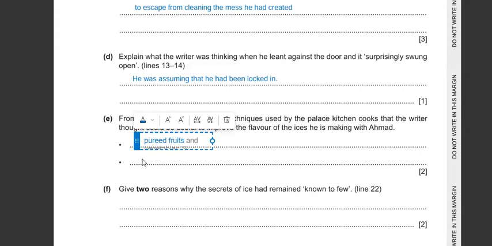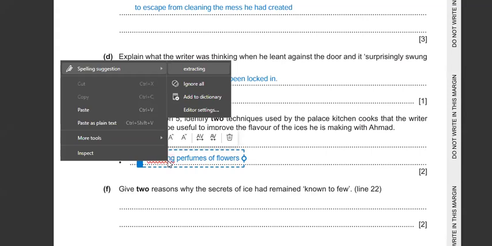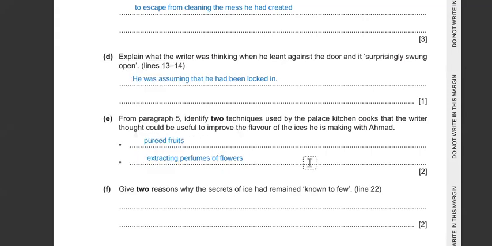And the other technique was extracting perfumes of flowers. For this question, to me, it seems quite easy, and while I read the text, these techniques were already in my mind, so I have quickly written it down.